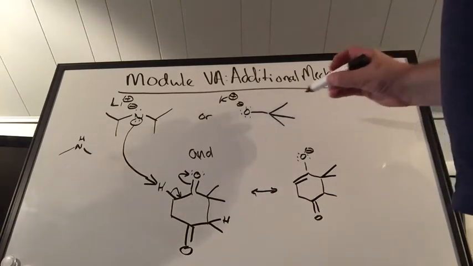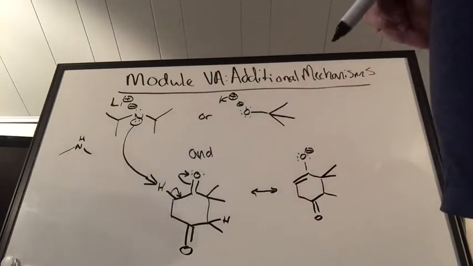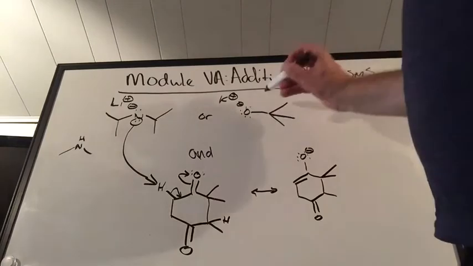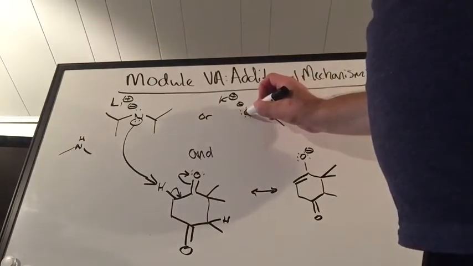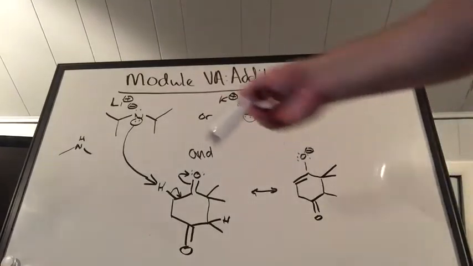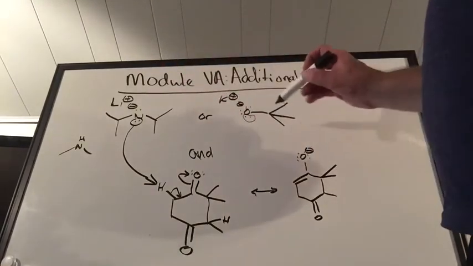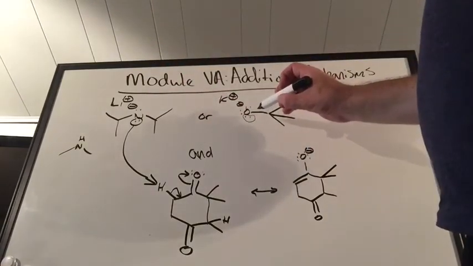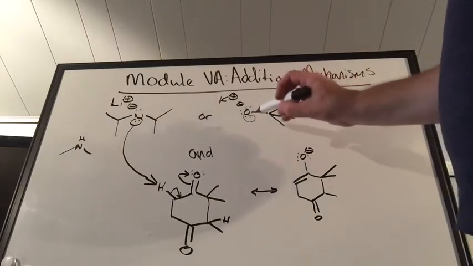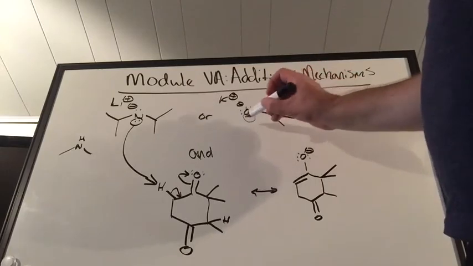Now, if we look at the other base, the second one, we see that we have a fairly strong base, not quite as basic as lithium diisopropylamide, but nonetheless, it has a little bit more access, even though that's a little bulky there.